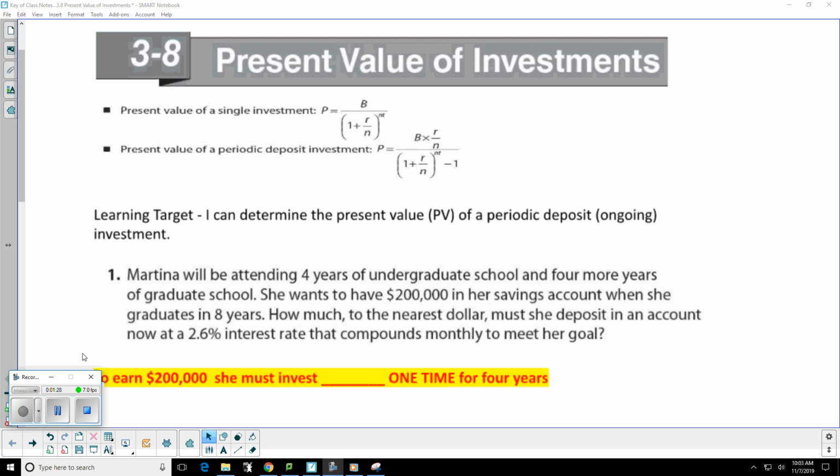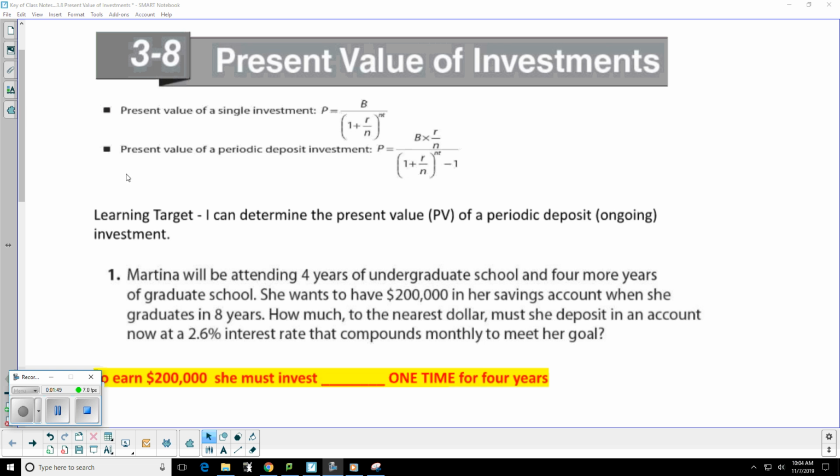This is the idea behind that. There are two formulas. One formula is if I'm making one single solitary investment, the one up front. The other formula is if I'm making multiple investments each and every month.